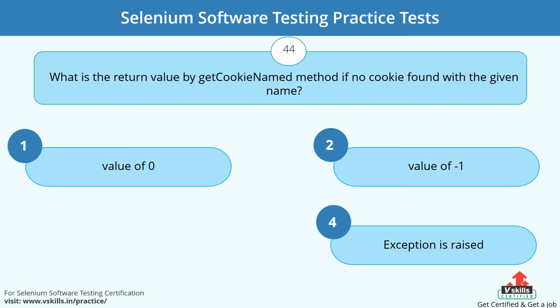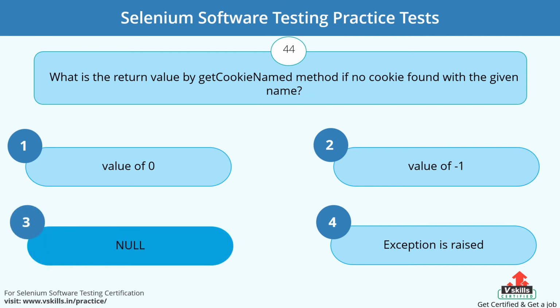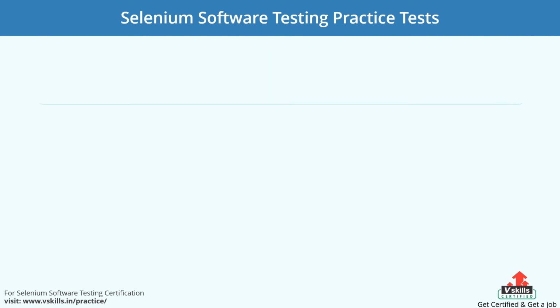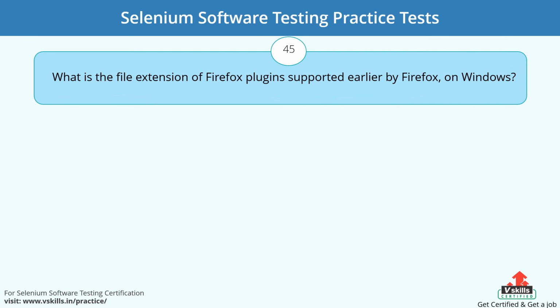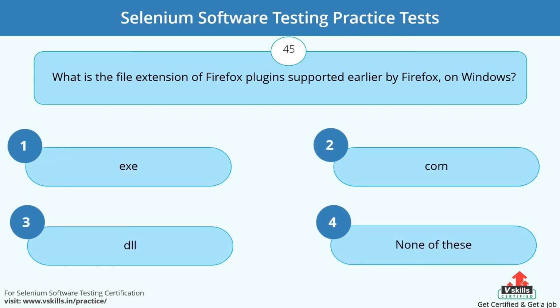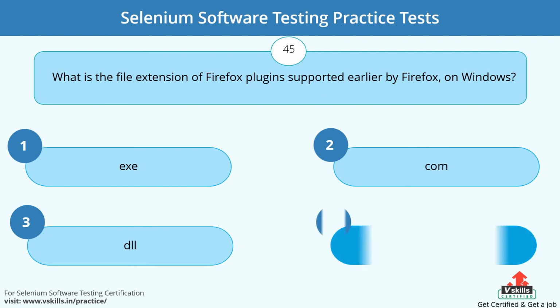The correct answer is option C. Question number 45, what is the file extension of Firefox plugin supported earlier by Firefox on Windows? The options are A. exe, B. com, C. dll, D. none of these. The correct answer is option D.